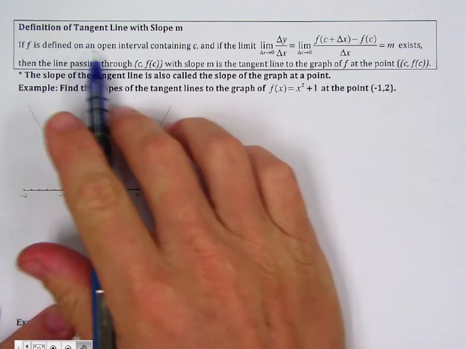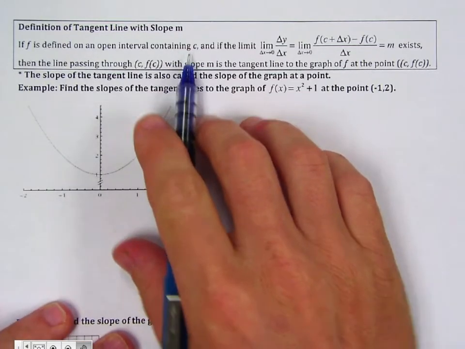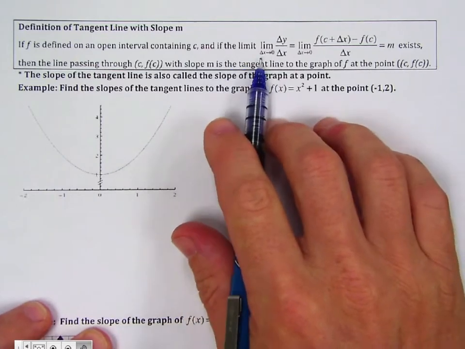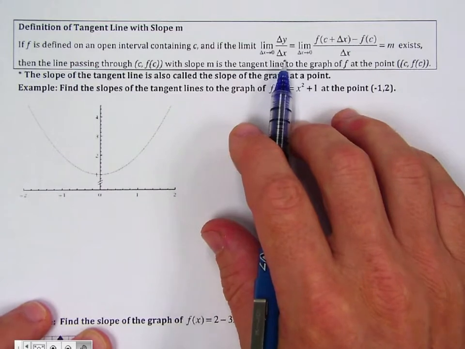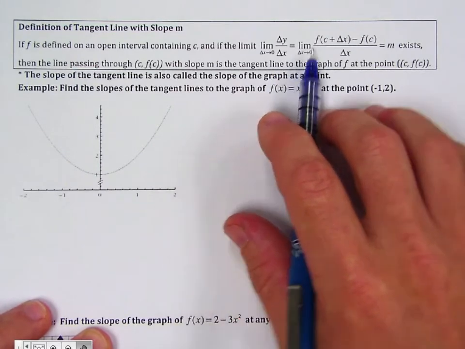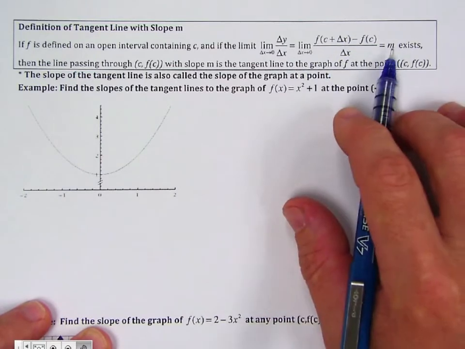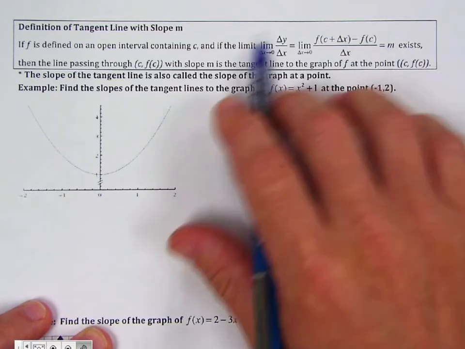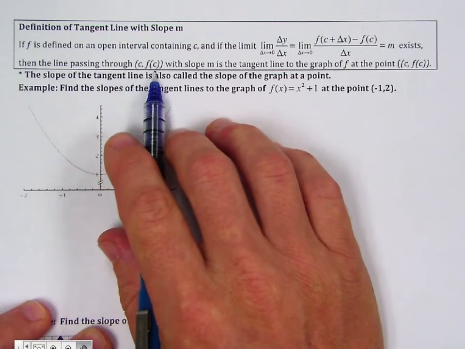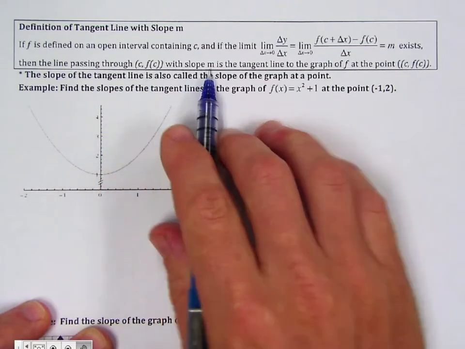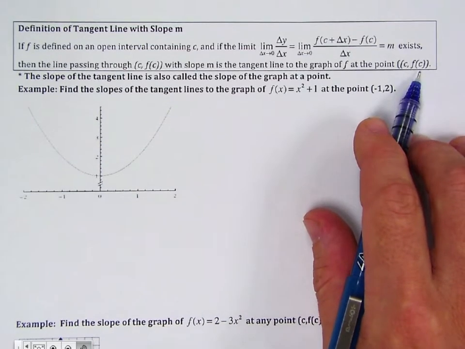If f is defined in an open interval containing c, basically saying the function works on an interval, and if the limit as delta x goes to 0 of the change in y over the change in x equals the limit as delta x goes to 0 of f of c plus delta x minus f of c over delta x, and that equals m, if that exists, then the line passing through the point c, f of c with the slope of m is the tangent line to the graph of f at the point c, f of c.